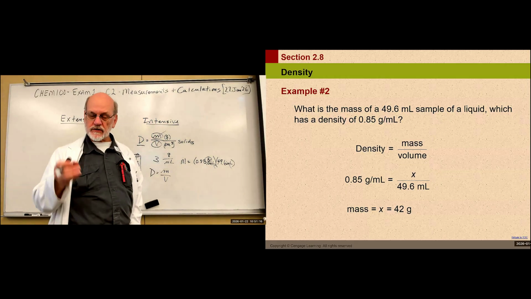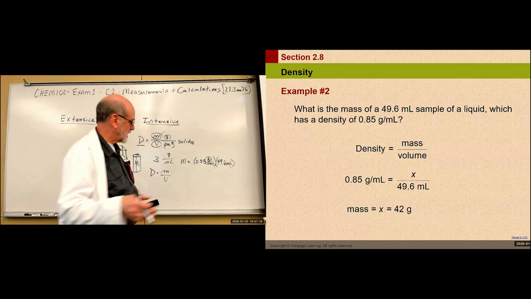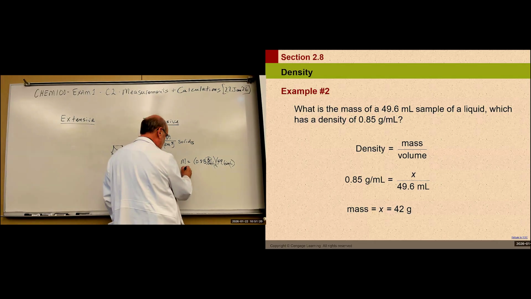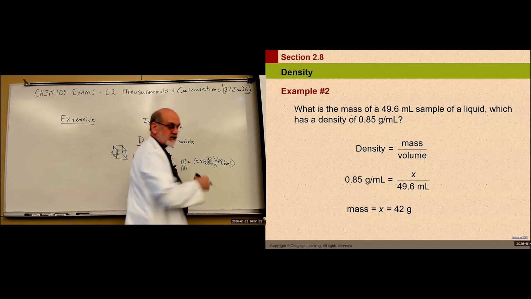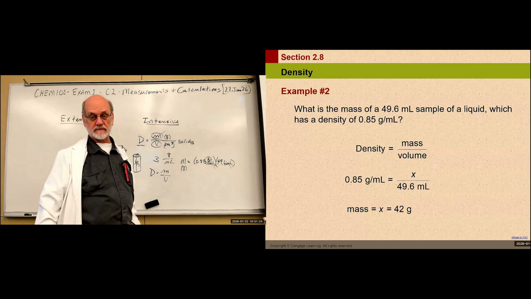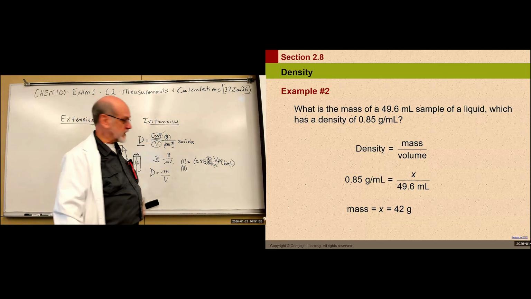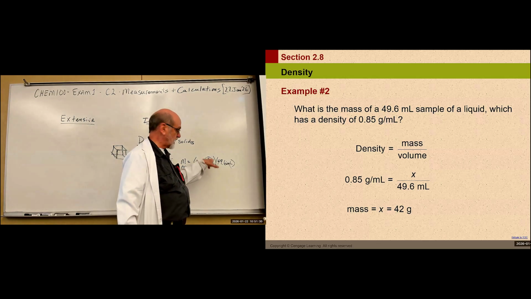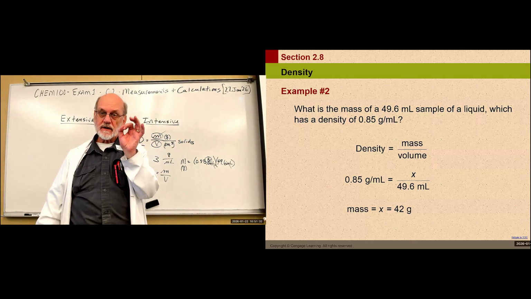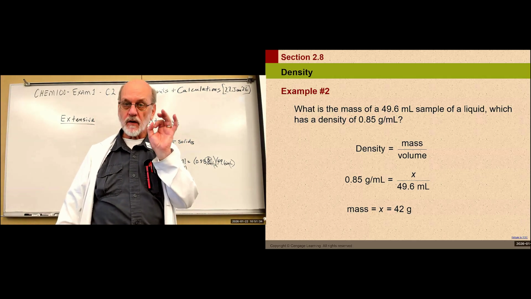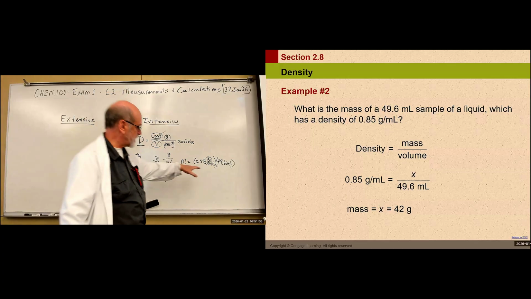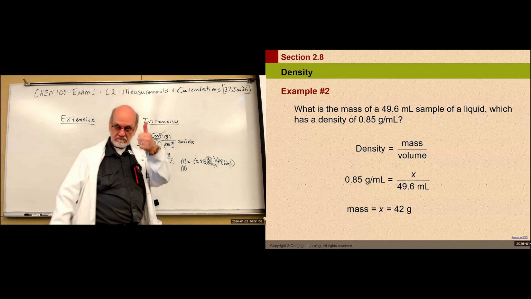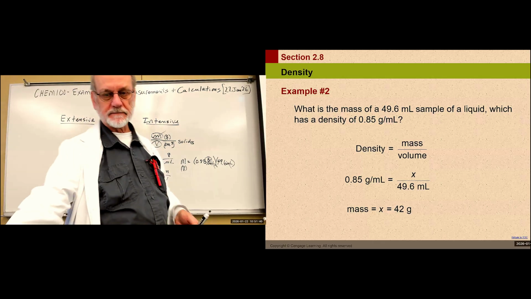That's another way to check yourself: dimensional analysis. If you're expecting a mass in grams, then your calculation better give you grams. So before you even crunch the numbers, you can look at the units and see if you got the right units in the calculation once it's completed. And does that agree with what you're expecting? That's good.